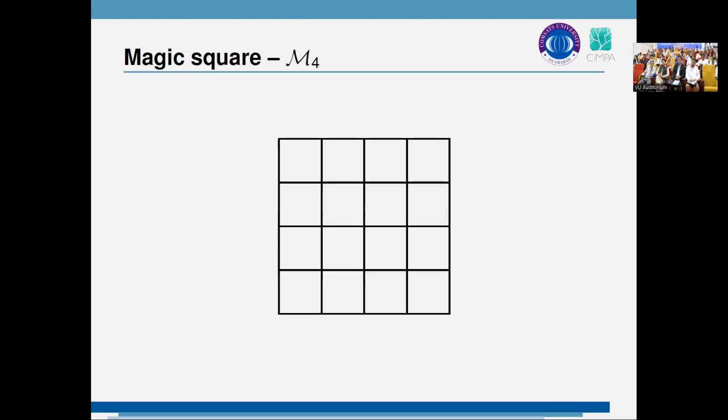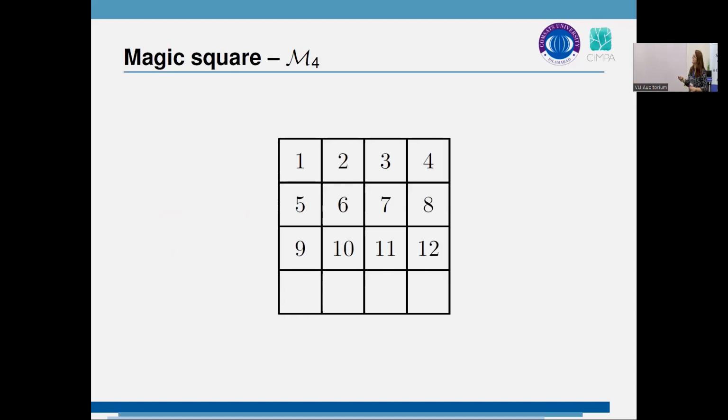So let's start with magic square of order 4. We put the numbers in a trivial distribution, from 1 up to 16. Of course, it's not a magic square, but it is possible to evaluate the magic constant.